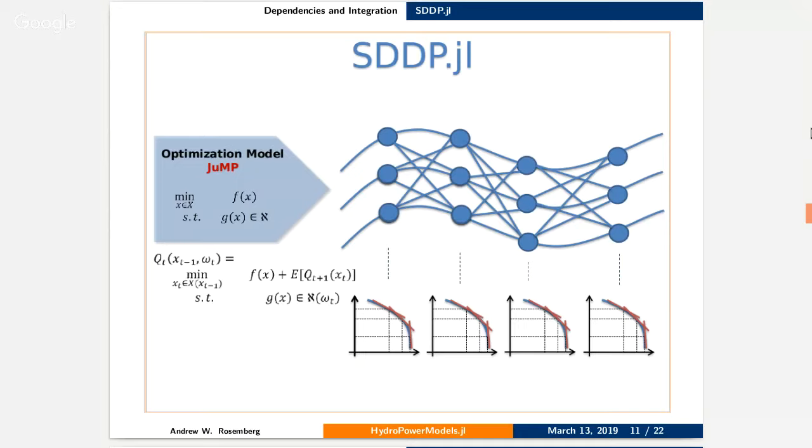In this case, the expected value of the objective value of the future stages, which, simply said, SDDP tries to approximate using a piecewise linear outer function. And then with this function, we are able to simulate different scenarios from the problem we have specified.